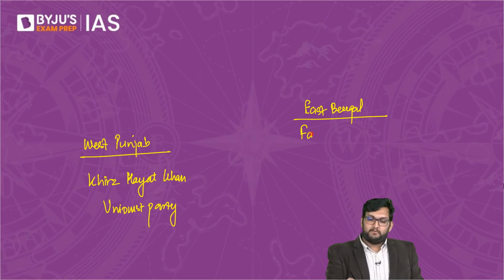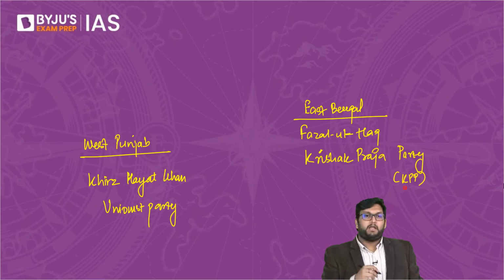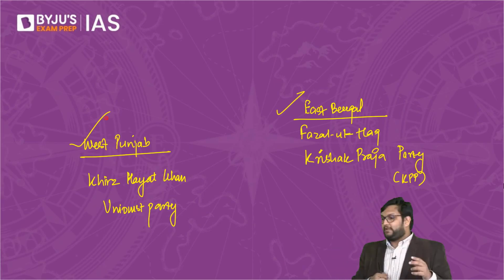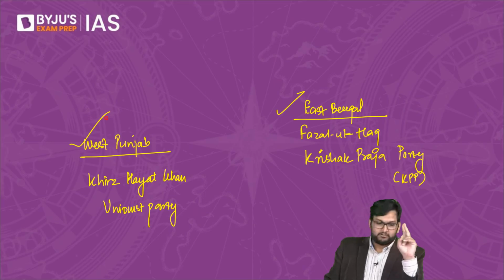And in East Bengal, there was a person called Fazlul Haq and his Krishak Praja party, the KPP it was called. They were in majority. And can you tell me what is common to these two, Fazlul Haq and Khizr Hayat Khan?